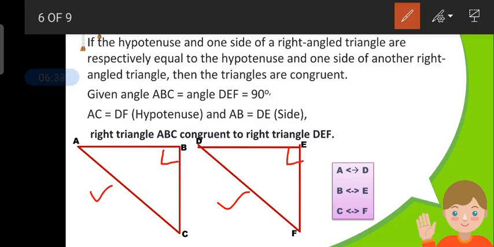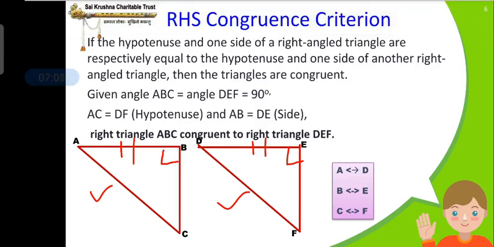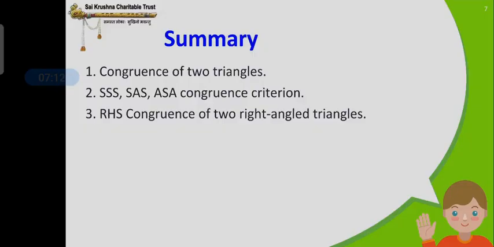Here, angle ABC is equal to angle DEF, which is equal to 90 degrees, and AC is equal to DF, which is nothing but the hypotenuse, and AB is equal to DE. Can you all see here? AB is equal to DE. Is it clear? Therefore, RHS means right angle, hypotenuse equal and side equal. That is how you can say that according to the RHS congruence criterion, these two triangles are congruent to each other.